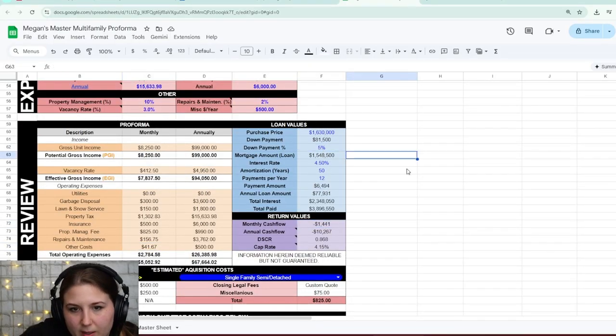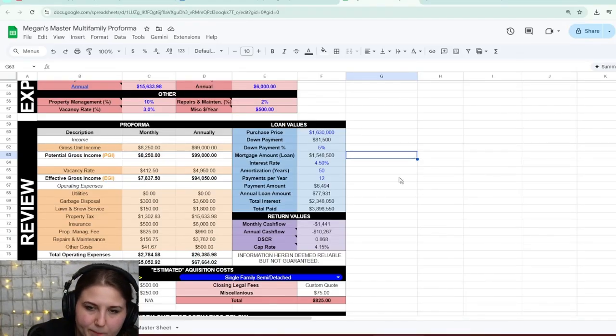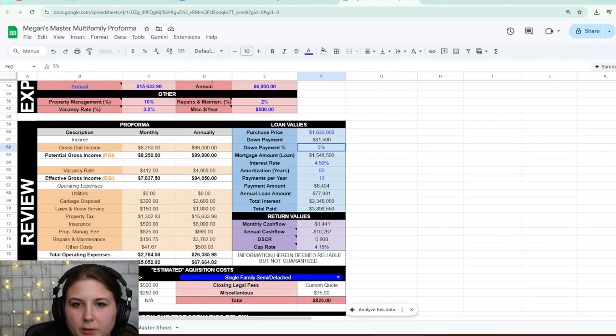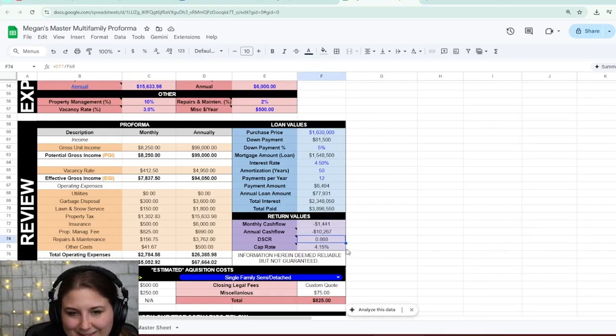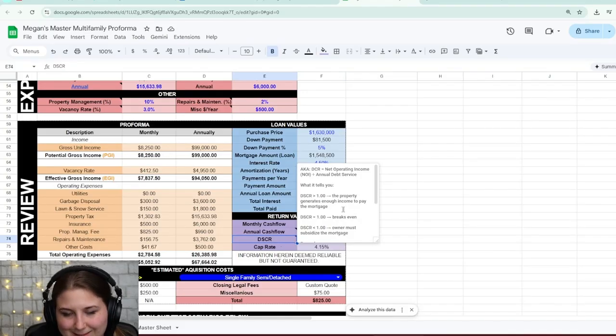Now what this looks like is you'll still be able to purchase this through MLI Select, but it won't be for 5% down. Let's play with the percent down. The reason you won't be able to get it for 5% down is strictly because of the DSCR, also known as DCR. This is basically how much of a cash flow cushion you have after you've paid the bank their payments.